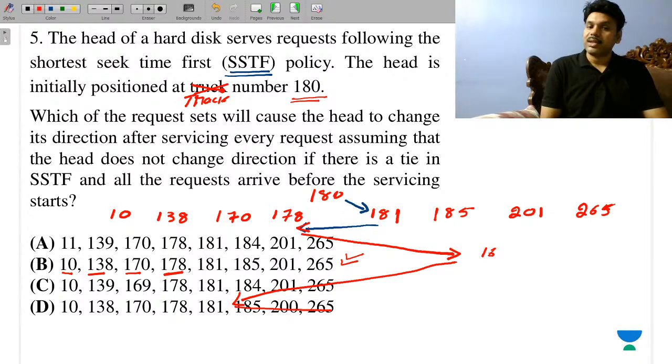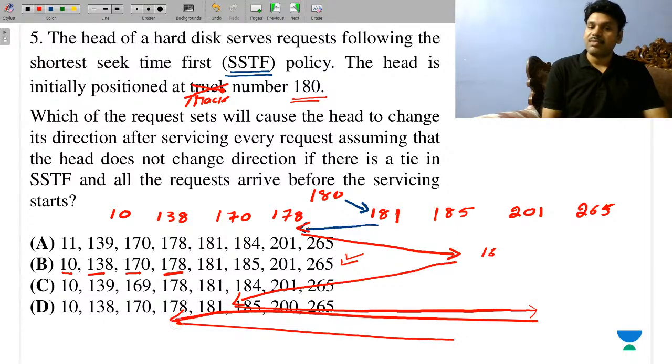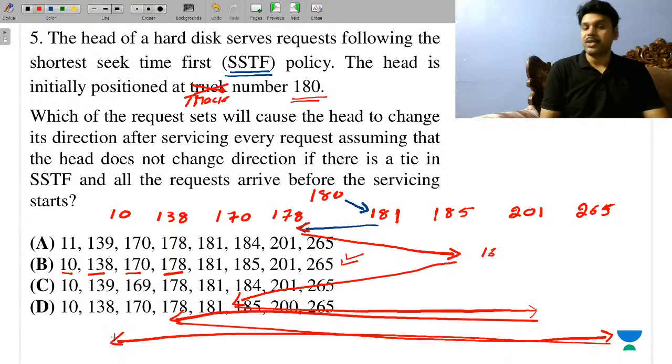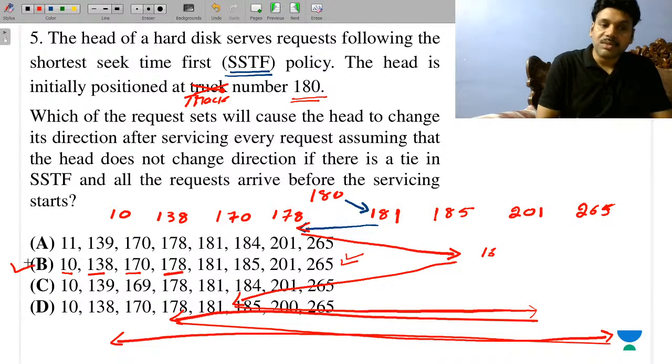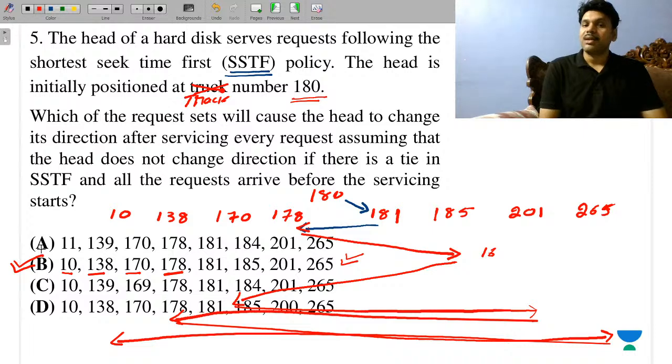After that, this is going to be satisfied, then this, and finally this. So in option B, you can see that for every alternative request satisfied, the head got changed, and the next time also the head got changed.